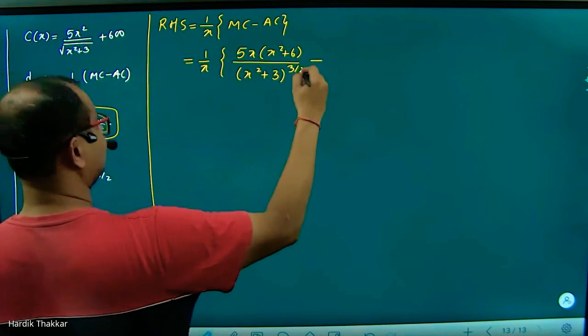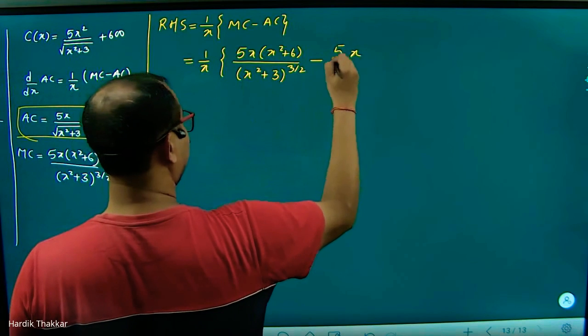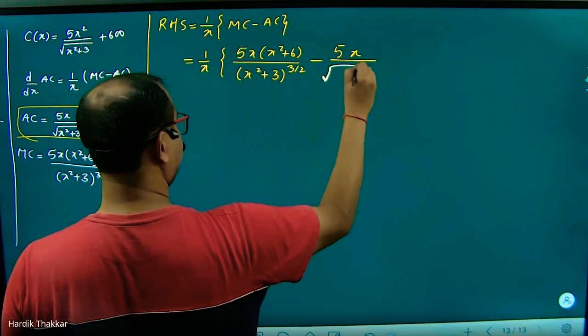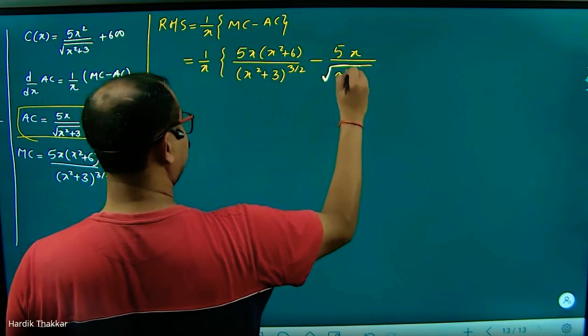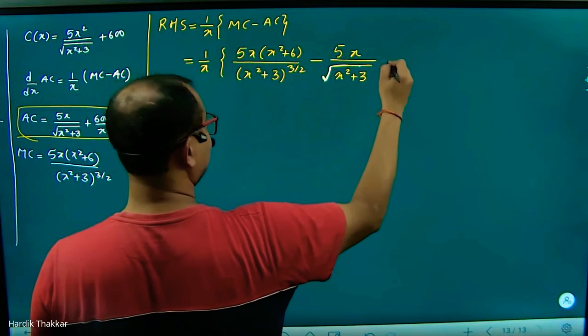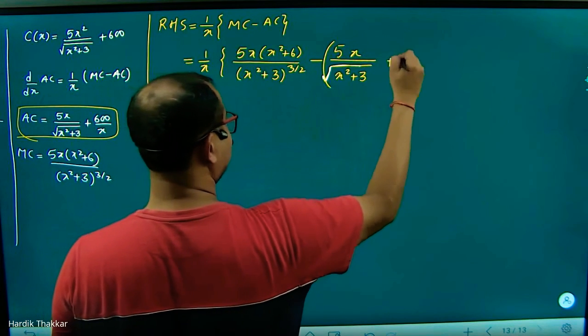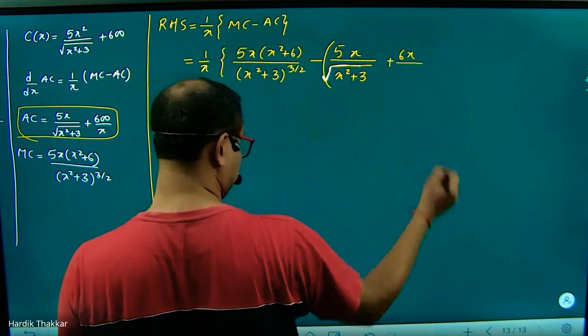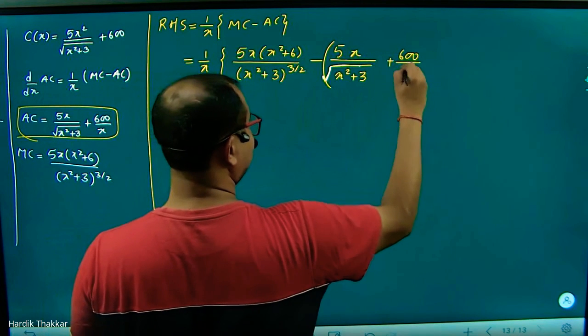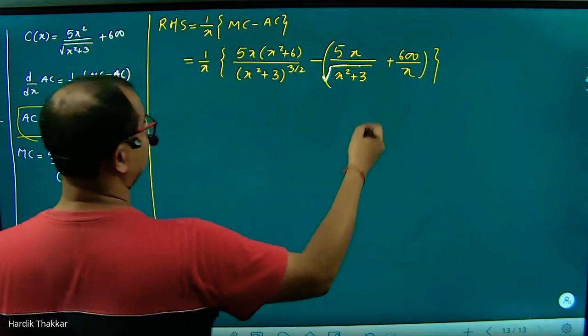AC was 5x upon root over x square plus 3, plus 6 upon x plus 600 upon x. So this was AC.